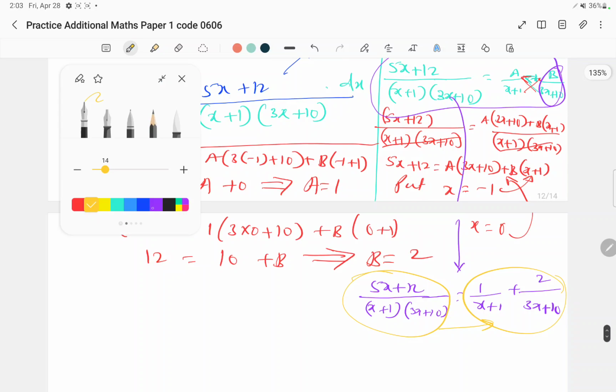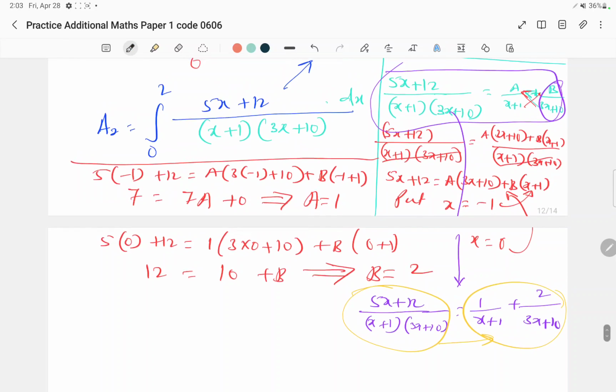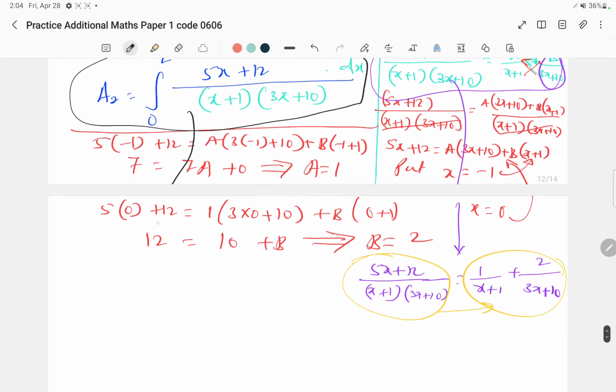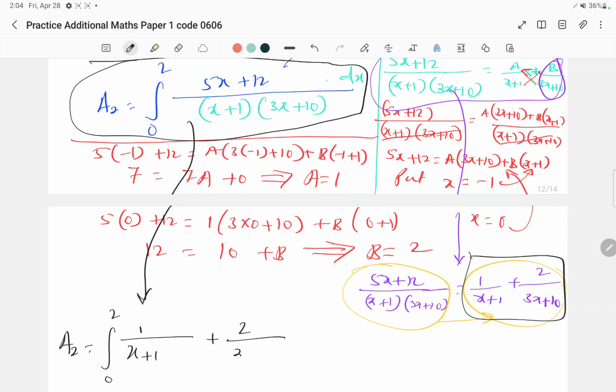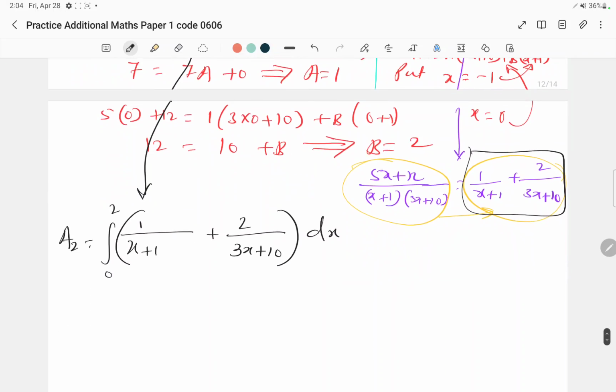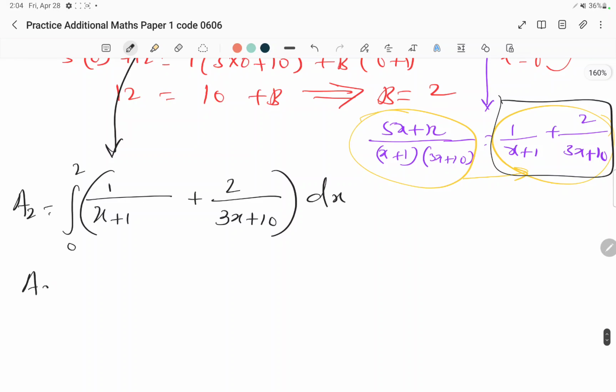Now I'm going to rewrite this integration again. A2 is 0 to 2. Instead of 5x plus 12 over x plus 1 times 3x plus 10, I will write this result, which is 1 over x plus 1 plus 2 over 3x plus 10. Okay, and now we can integrate.